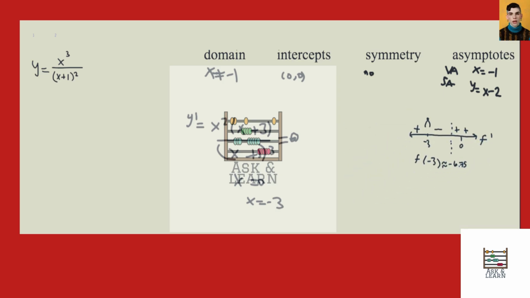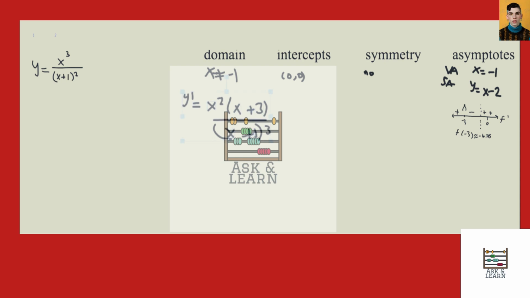And now we can look at concavity with the second derivative test. Might need to make that a little smaller. Okay. So with the second derivative test, y double prime is 6x over x plus 1 to the 4th.